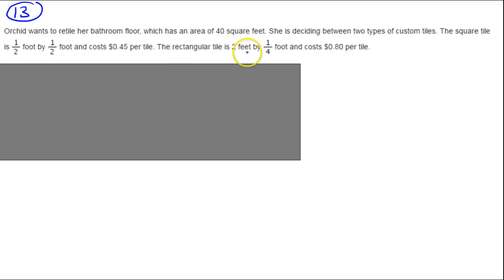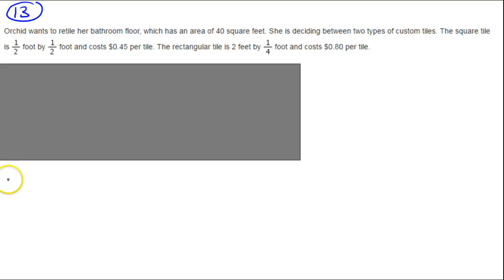The rectangular tile is 2 feet by 1/4 foot and costs 80 cents per tile. Obviously she wants to spend the least amount of money, so let's calculate out each situation.